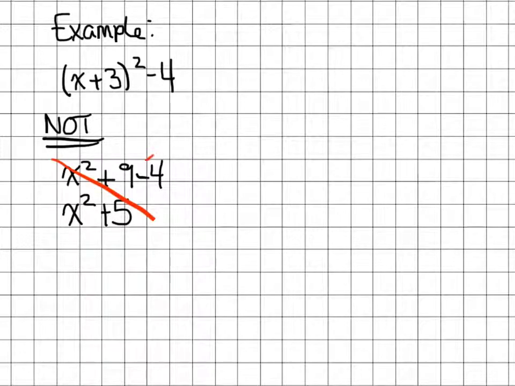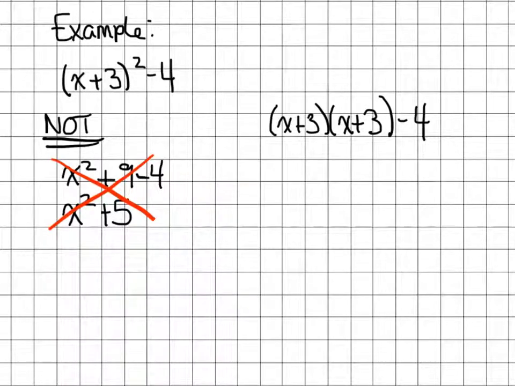This is incorrect. What it is, is x plus 3 times x plus 3 minus 4. Because this squared means that I have all of this multiplied by itself. So that is what I have here. I have x plus 3 multiplied by itself, which is x plus 3.